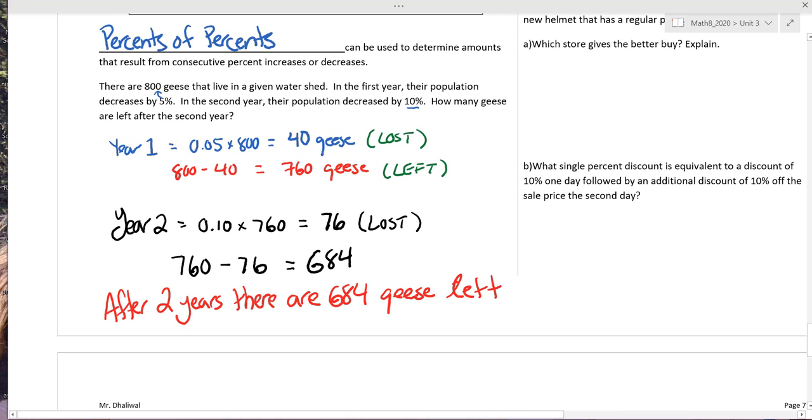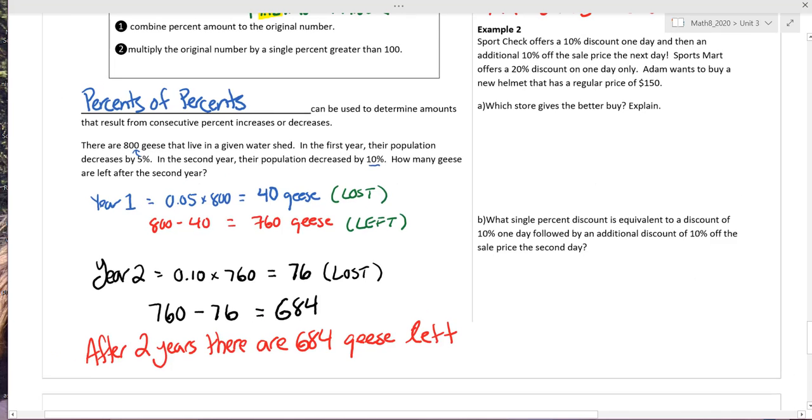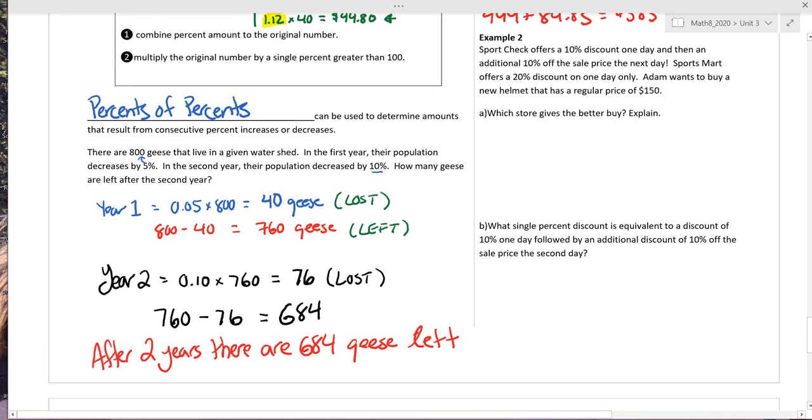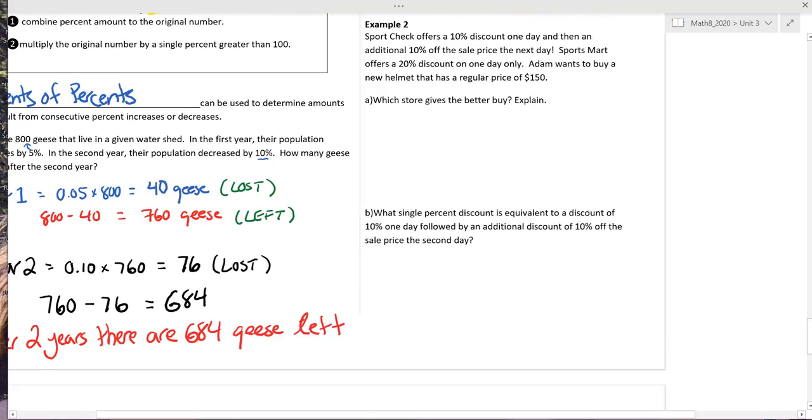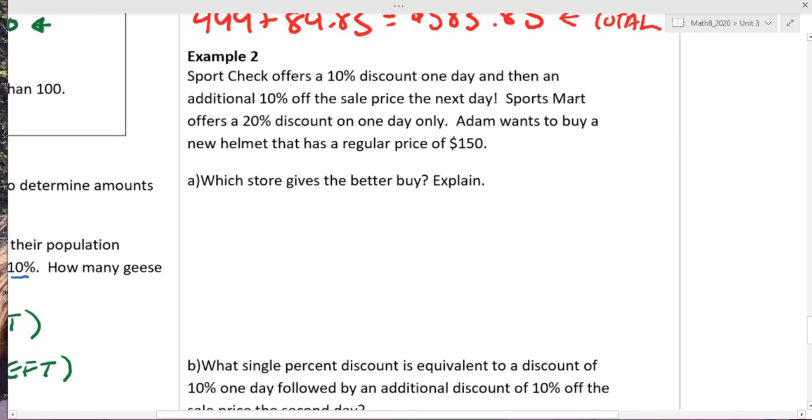All right. So now, when I was growing up, you go to the store and they used to have different kinds of sales. So it'll be an example of these percents of percents. I'm not sure if they do these kind of sales tactics anymore.